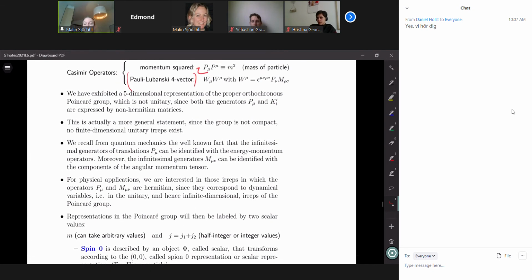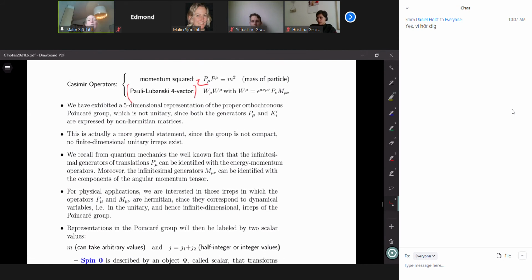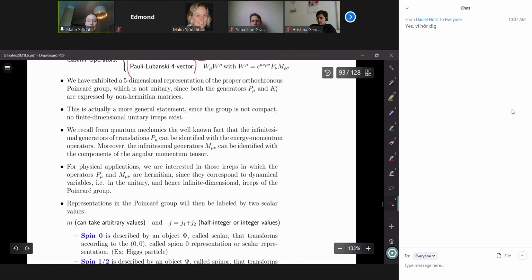And the fact that we have two Casimir operators here, so we have P mu contracted with P mu, giving us some M square, and the Pauli-Lubansky vector square. This means that we have two different sets of values to characterize the representations of the Poincare group.